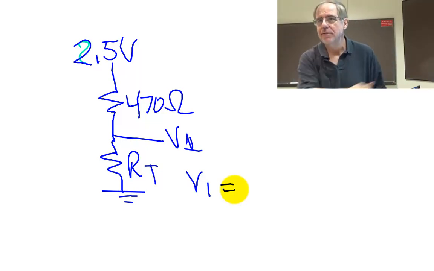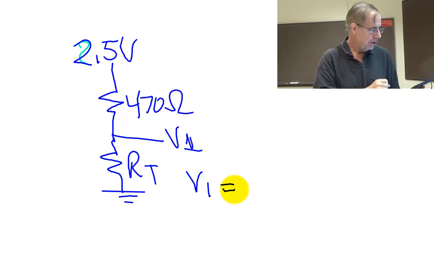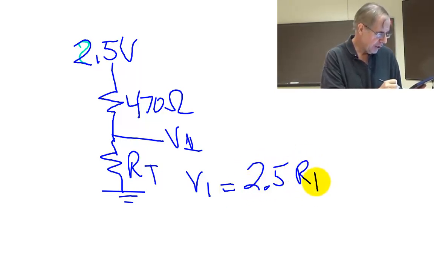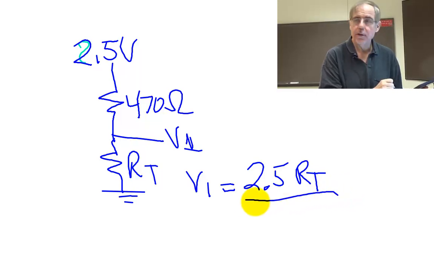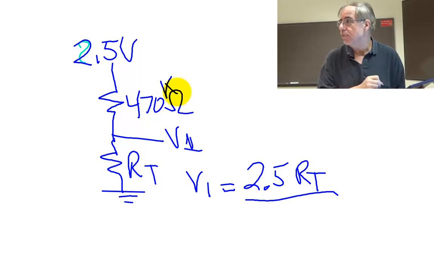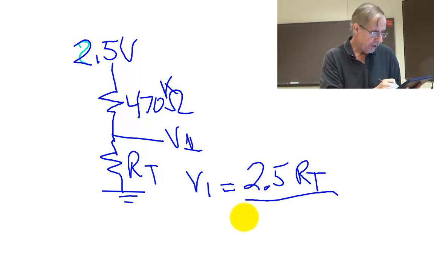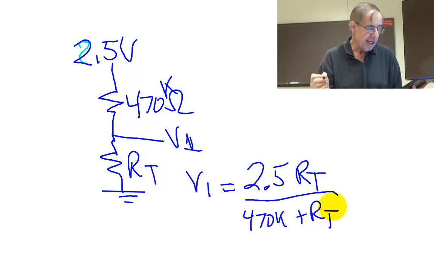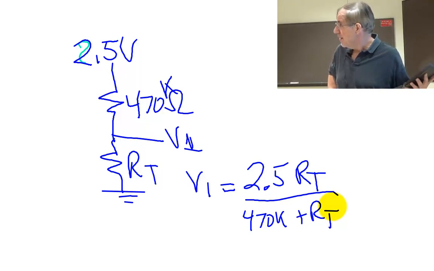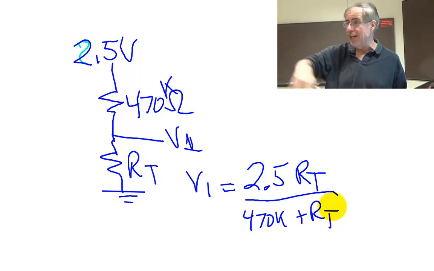Okay, just by the way, to do that, what is that? 2.5 volts times RT over, oh, that's 470K, by the way. Sorry, yeah, 470. 470K plus RT. Very nonlinear. And you go, oh, John, that's bad. I got a nonlinear transducer. Now I got a nonlinear circuit.